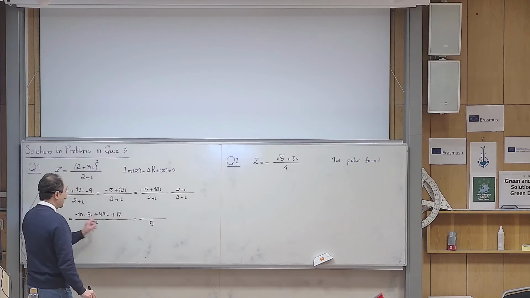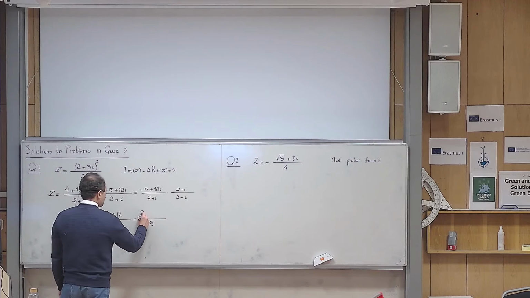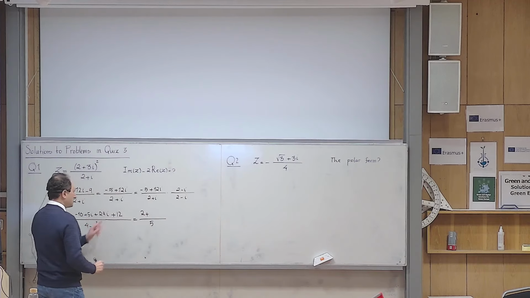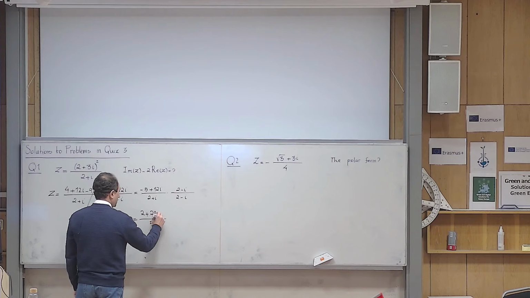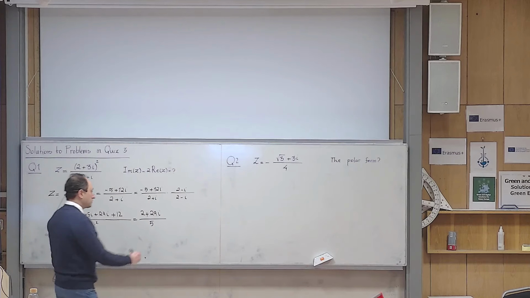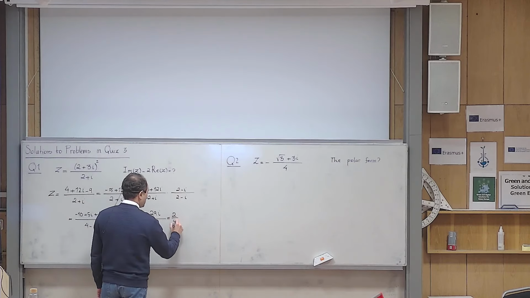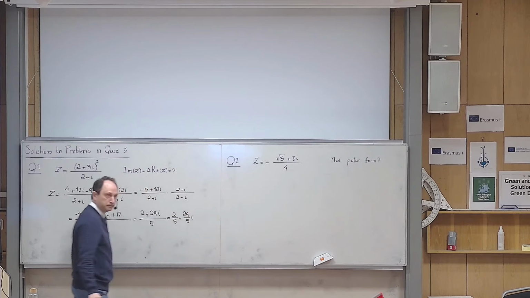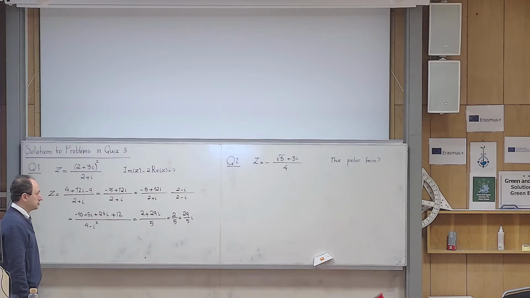And then this one with that one is simply 2. And this one with that one is 29i. But this is not still a standard form, so I have to write it as 2 over 5 plus 29 over 5 i. That's it. This is the simple calculation.